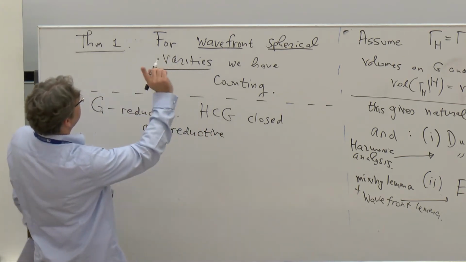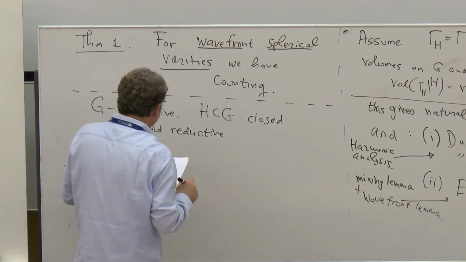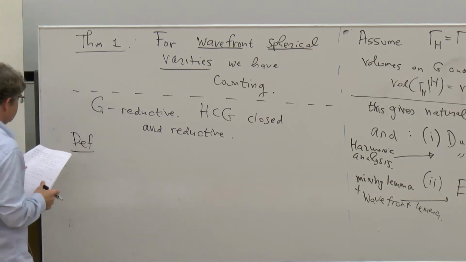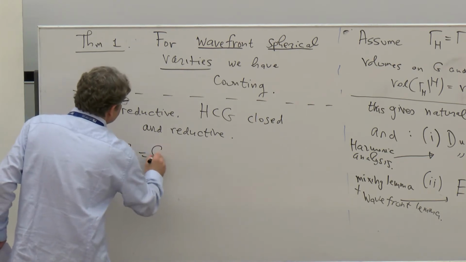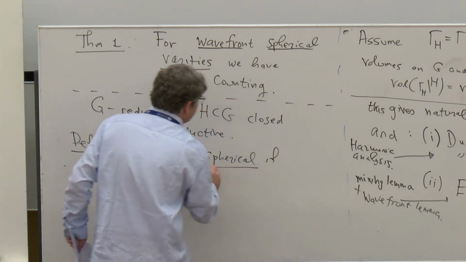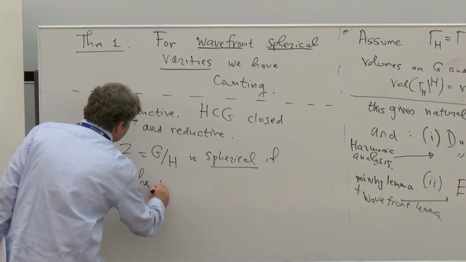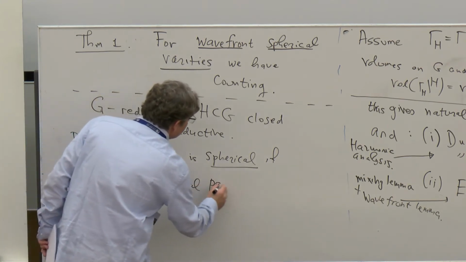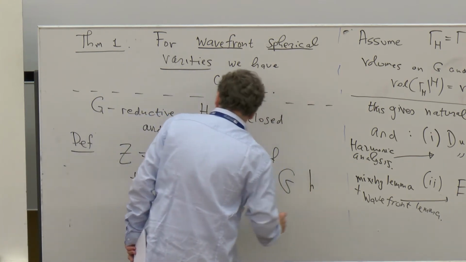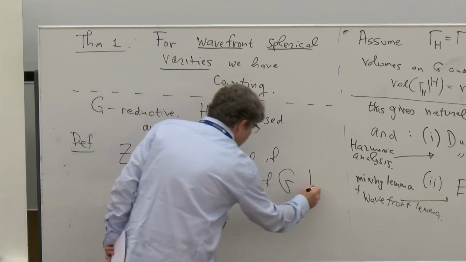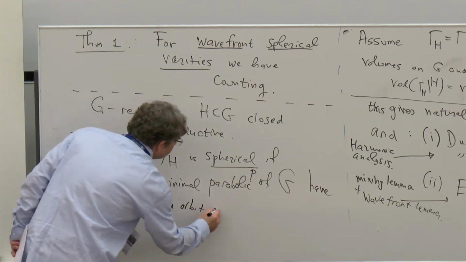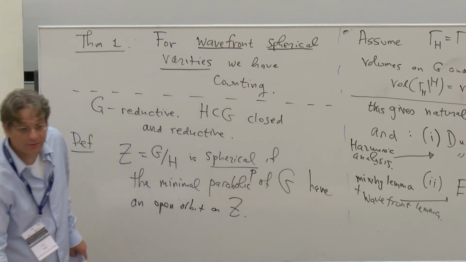So I give some definitions. I say that Z is spherical if the minimal parabolic P of G has an open orbit on Z. This implies that it has finitely many orbits.